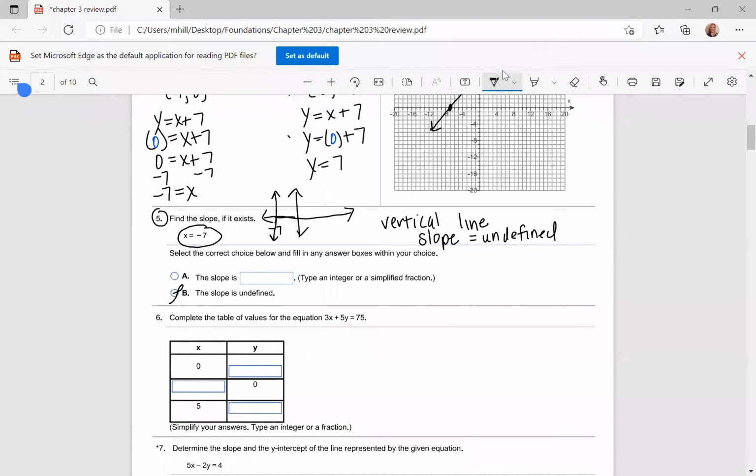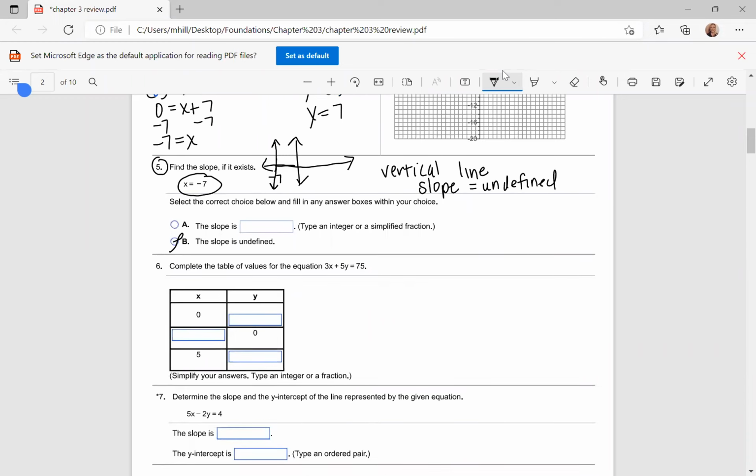If it's x equals a number, your slope's going to be undefined. If it's y equals a number, your slope's going to be 0. Okay, on number 6, this is the stuff you want to jot down. Write down your table.